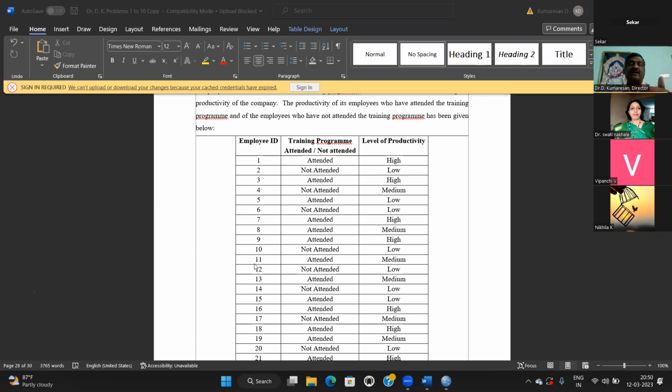Suppose you have collected the data as scale data, then you have to go for one-way ANOVA. That's all. So this is about the Kruskal-Wallis test, Mann-Whitney test, Wilcoxon test, Friedman test, and chi-square test.